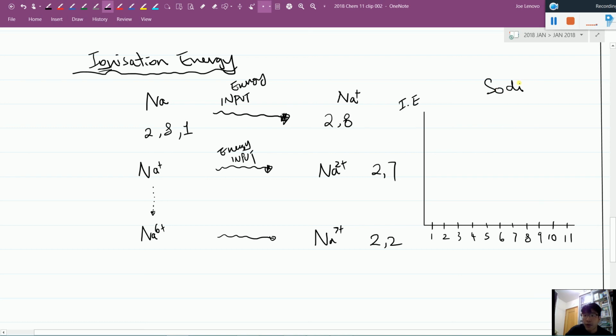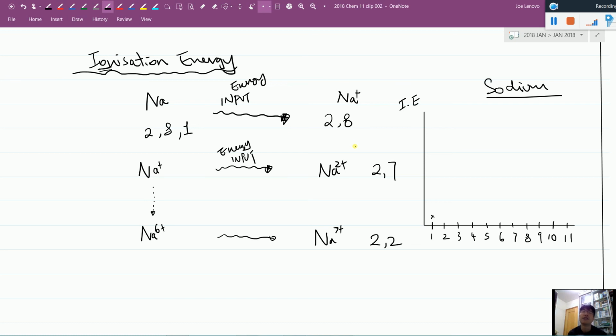If you're going to plot the sodium ionization energy graph, for the very first one, it's extremely easy. The energy that you use is very low. Then, because you're basically just achieving the octet rule, taking 1 electron out of 11, it becomes 2 and 8, and it's octet rule, and it's perfect, and everyone loves it.